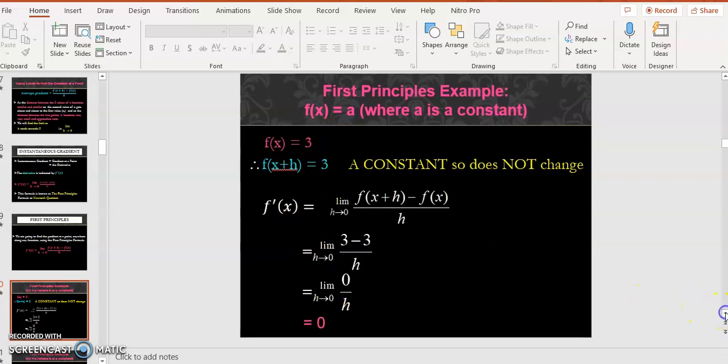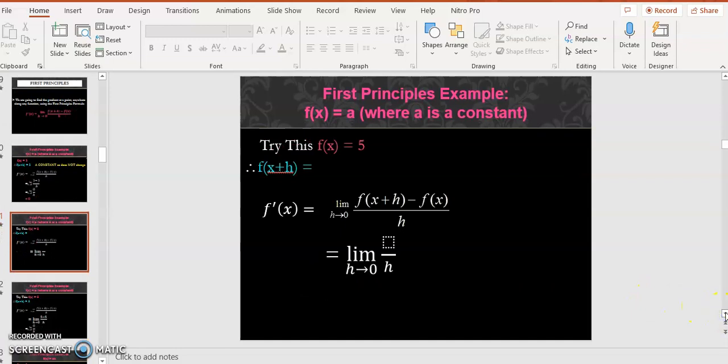Okay, let's look at the next one. You try this one. First derivative of this. Try it and let's see. Let me just give you a few minutes to try before I continue.